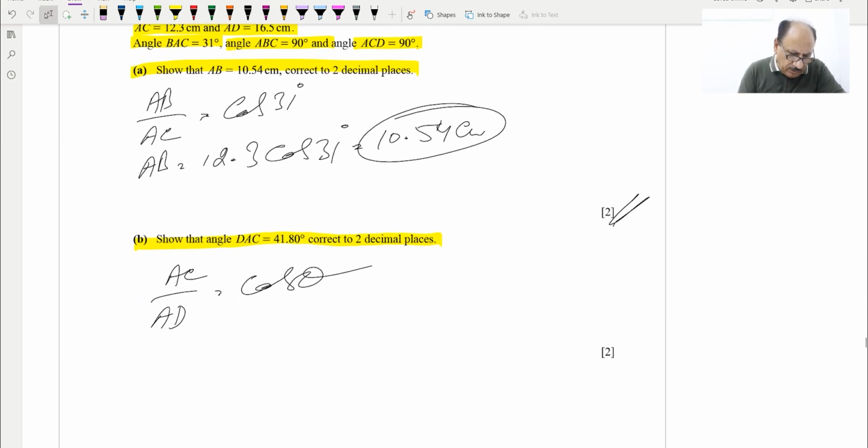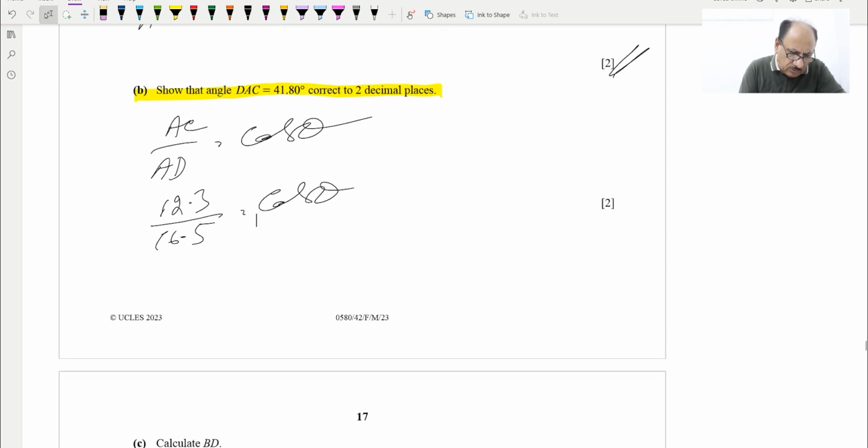So 12.3 over 16.5 is equal to cos theta, and we can write theta is equal to cos inverse of 12.3 over 16.5.